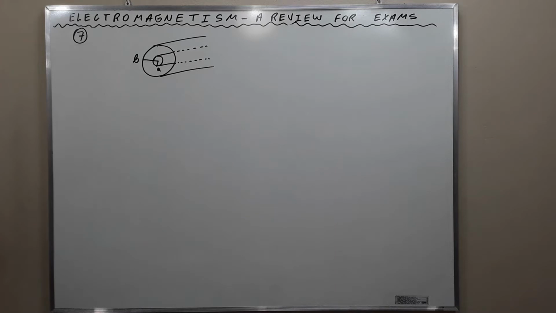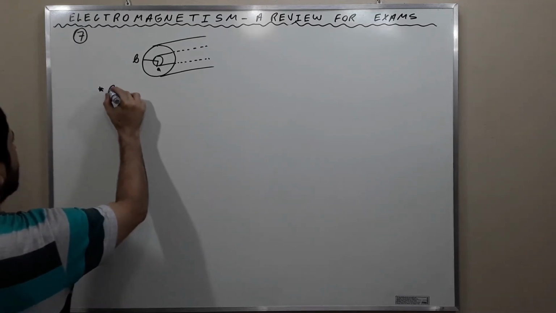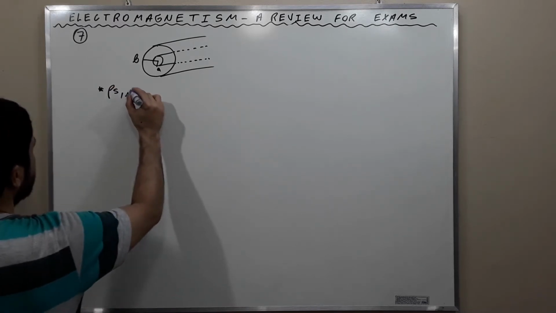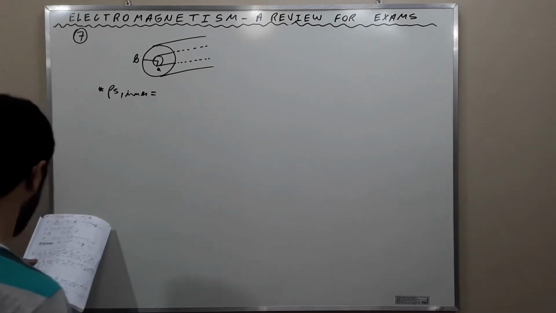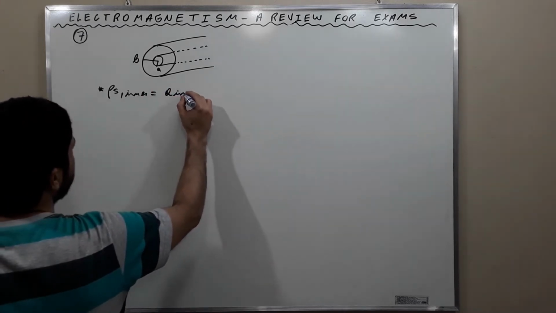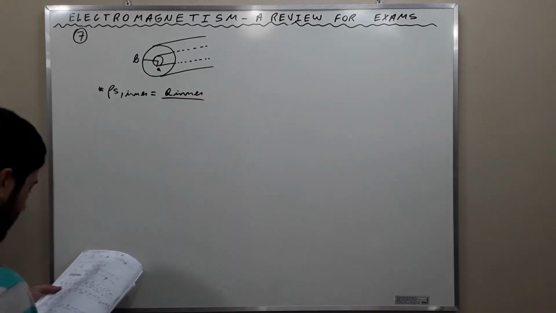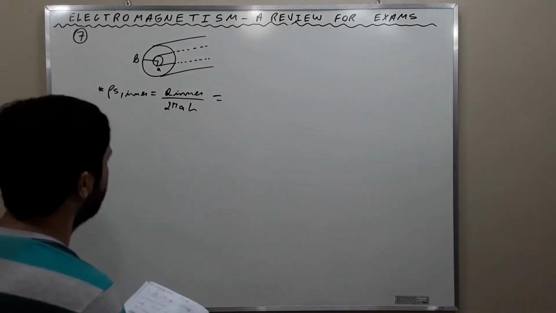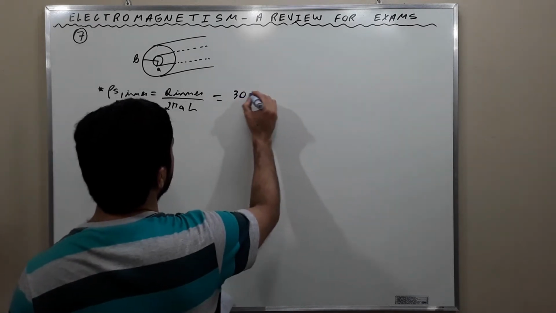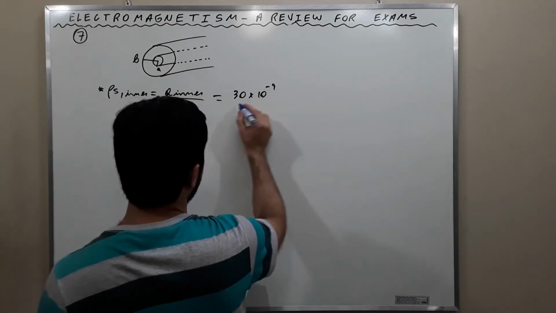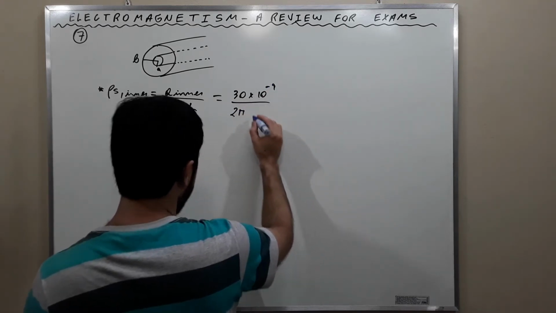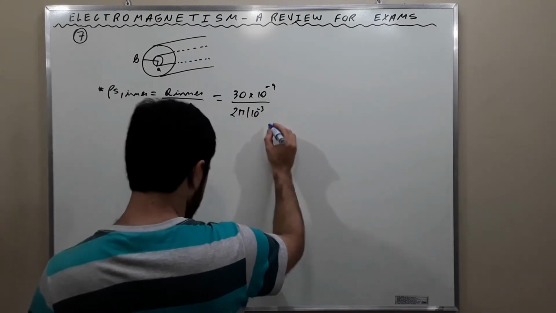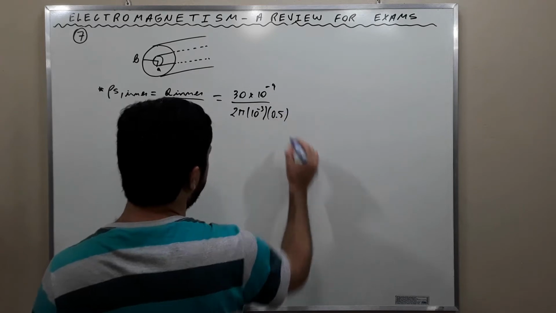We begin by finding the surface charge density on the inner cylindrical conductor. rho S for the inner conductor is going to be Q inner divided by 2 pi a L. And this is equal to 30 times 10 to the negative 9 divided by 2 pi times 10 to the negative 3 times 0.5.